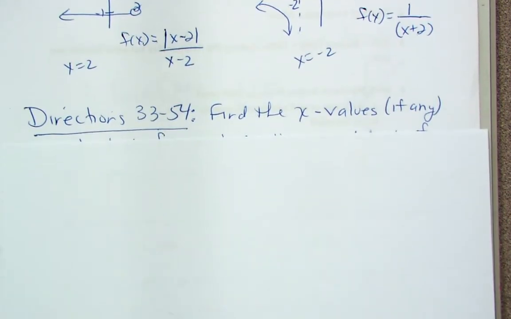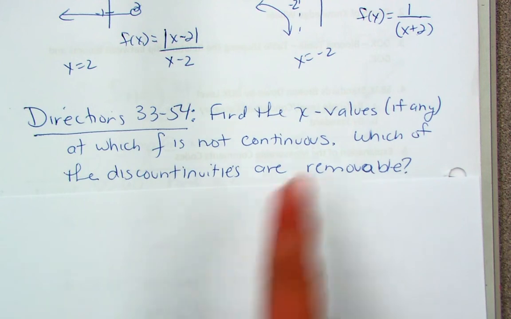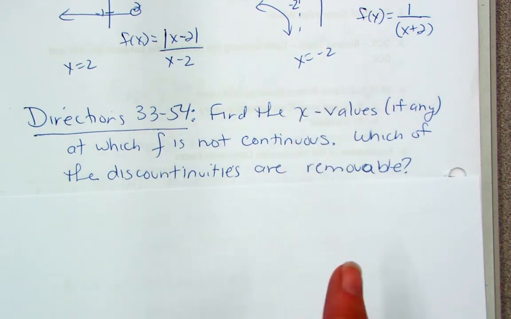So let's look at a set of directions in your homework and work through how you might do these. In 33 through 54, it says, find the x values, if any, at which f is not continuous. And of those values, which of these discontinuities are removable?